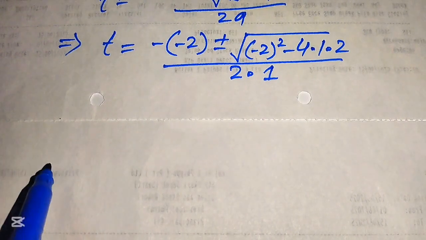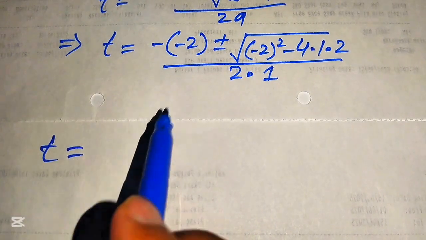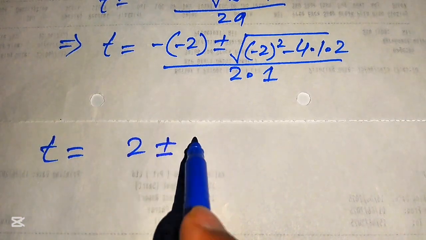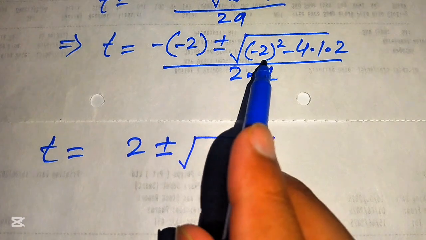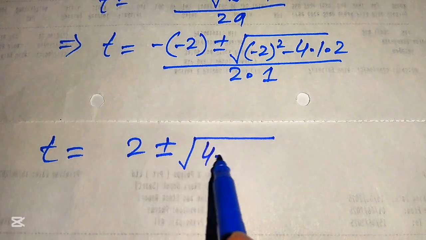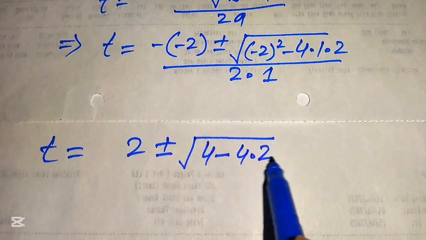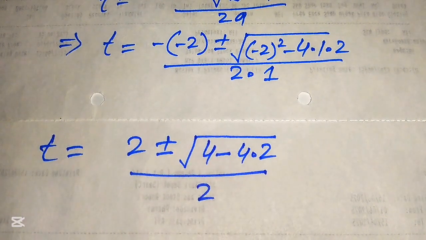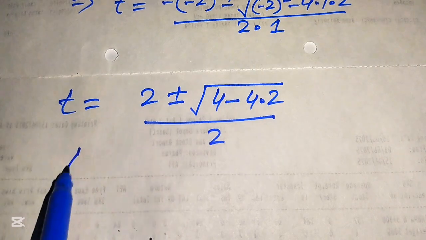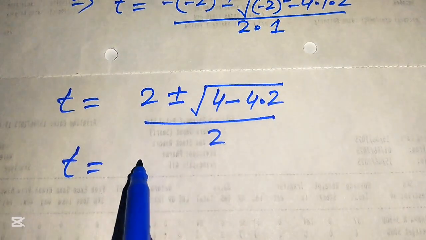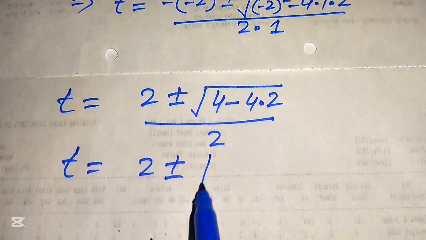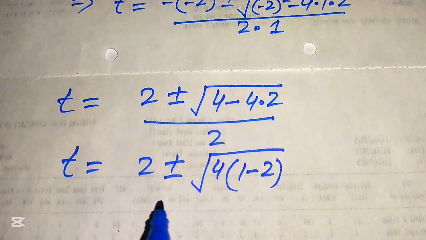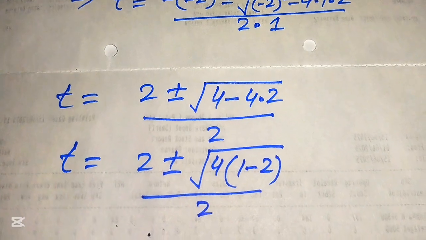Now in the next step we need more simplifications, and it will be written as t is equal to minus times minus becomes plus 2, plus minus square root of -2 square, which becomes 4, minus 4 times 2, divided by 2 times 1, which is 2. Now you see from inside the square root sign we have 4 as a common term, so when we take 4 common, the remaining values are 1 minus 2, divided by 2.